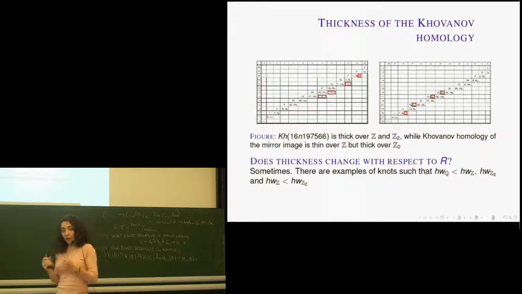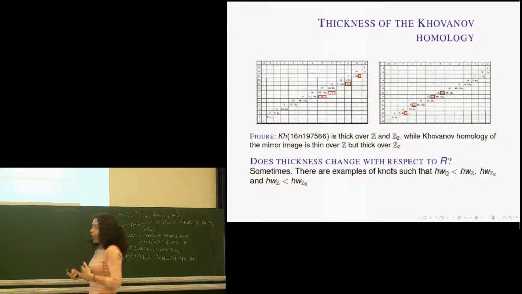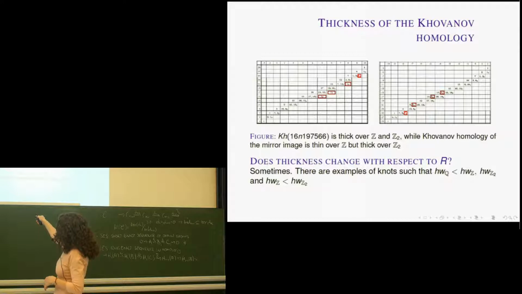So the effect that I tried to explain a moment ago between the 16 crossing knot and its mirror image is that the actual knot will require 3 diagonals. So it's going to be homological width 3, which means it's thick. If it's homological width 2, then it's called thin.